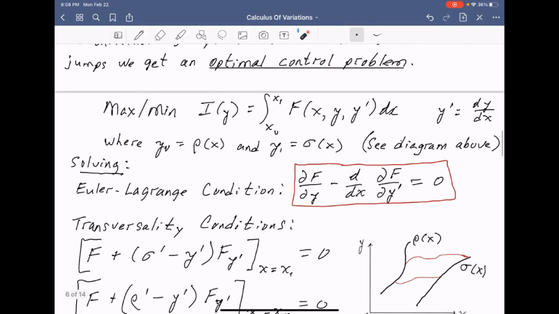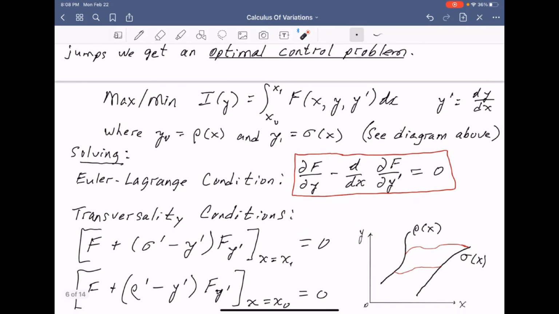So again, we want to maximize or minimize this function I of y, which is equal to the integral from some starting x value to an ending x value. You can maybe think of that as times, from some starting period t0 to some ending period t1, of this function, which is a function of x, y, and y prime, where y prime is the derivative of y with respect to x.